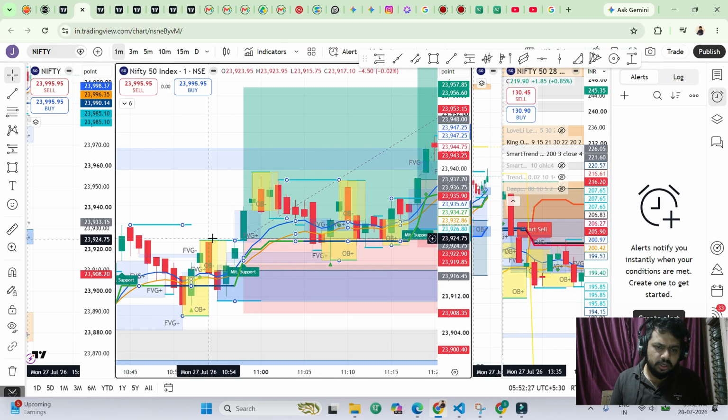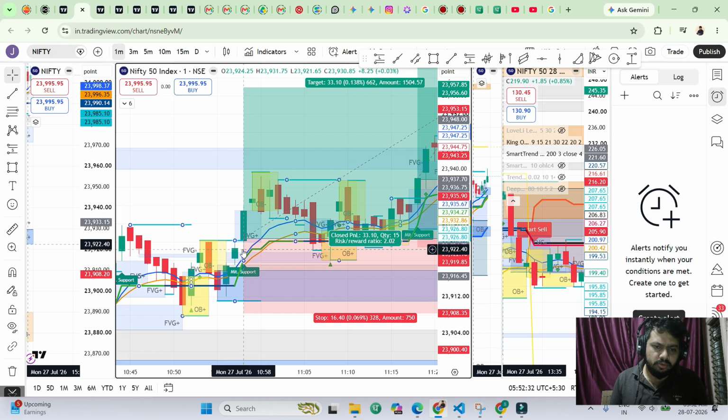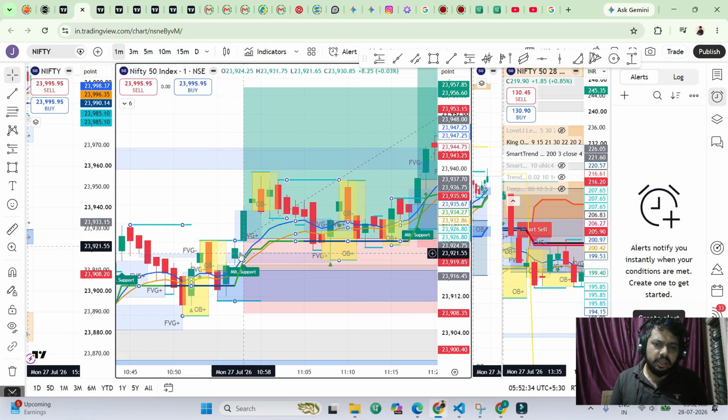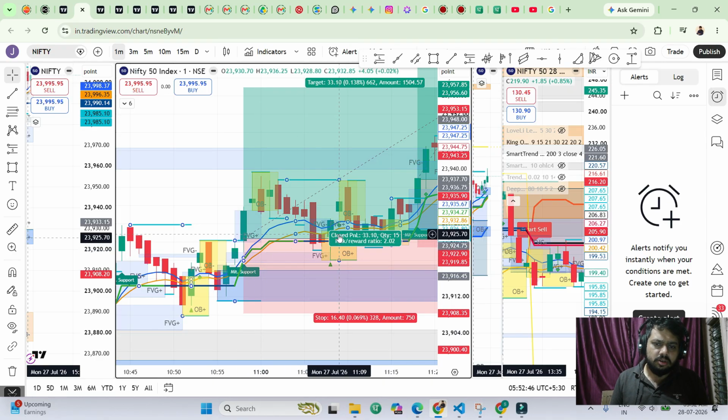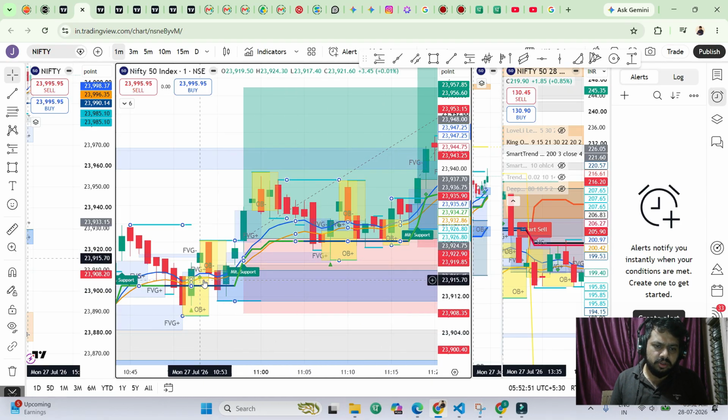Then whenever it crosses the mitigation top, this particular mitigation support or mitigation buy I kept, because whenever you need confirmation, only after the confirmation can you enter. Okay, sometimes what happens is whenever the market ranges, it keeps on ranging, then it will go up and start going down.